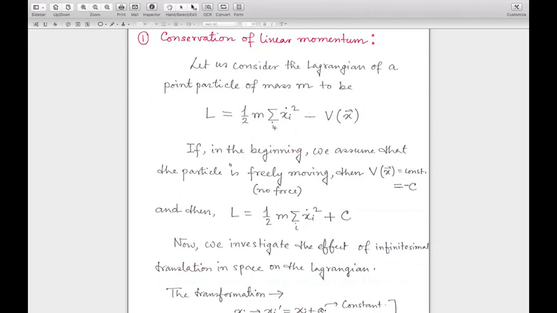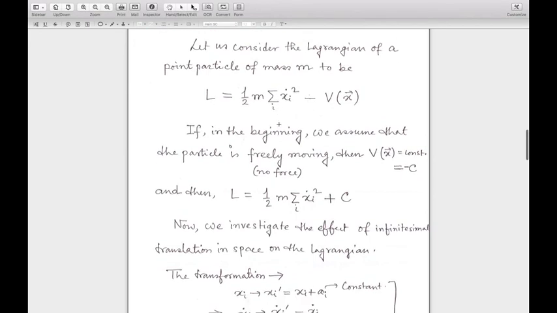Of course, the i gives the summation over the number of degrees of freedom. In the beginning, if we assume that the particle is free, that means no force is there, then we know that minus dV/dx is 0. So V is a constant. Let us define this constant as minus c. Then the Lagrangian simply becomes half m summation over i x_i dot squared plus c.